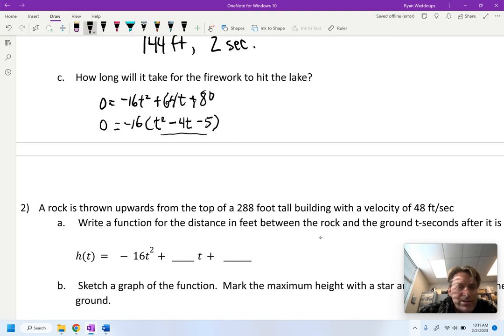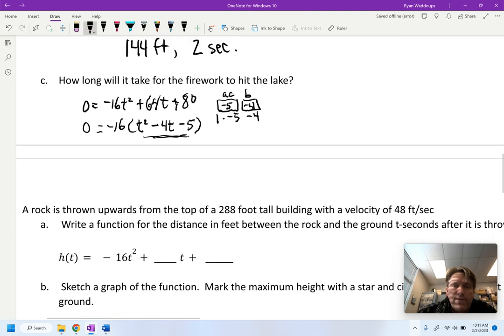And then we can factor this. We go to AC, and AC is negative 5 times 1, or negative 5, and B is negative 4. And so I'm looking for two numbers that multiply to negative 5 that add to negative 4, and that would be positive 1 times a negative 5. 1 times negative 5 is negative 5. 1 plus negative 5 is negative 4.